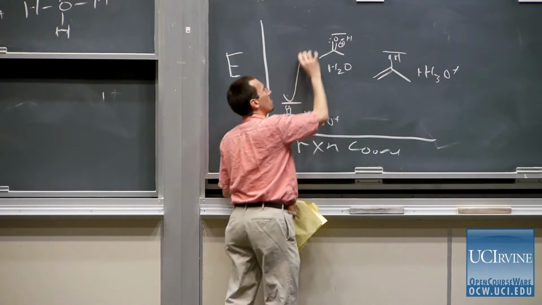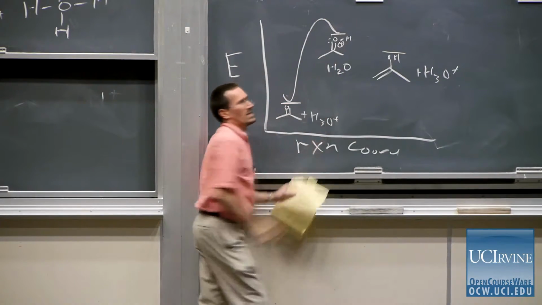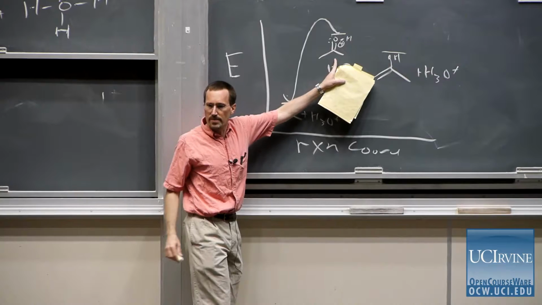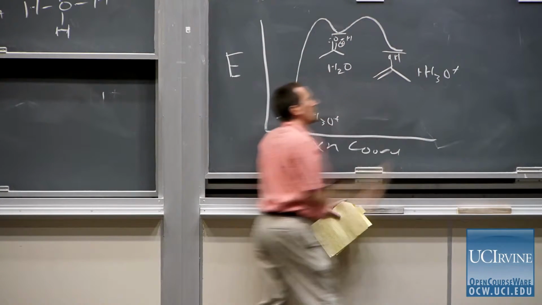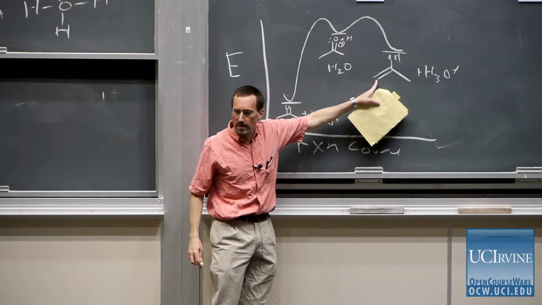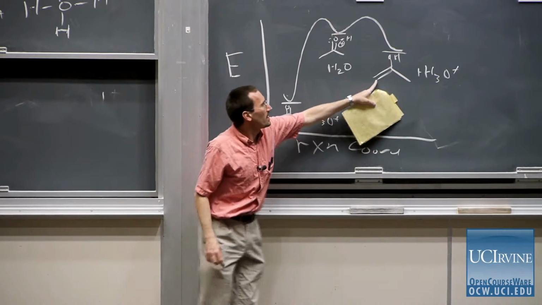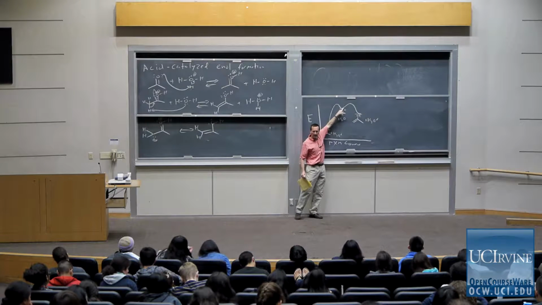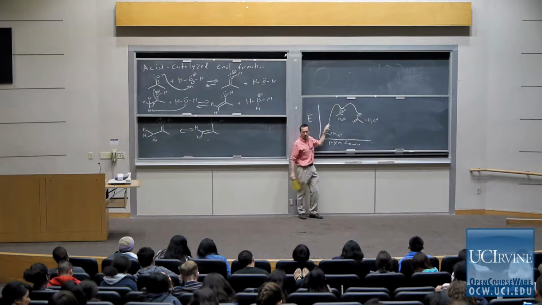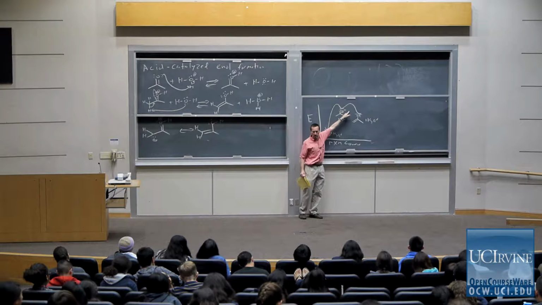What's happening in our mechanism is first we're going uphill to an intermediate, and then we're coming down to our product, to our enol, that's higher in energy. So when you're at this point, at the intermediate, you can partition back. You can partition forward.